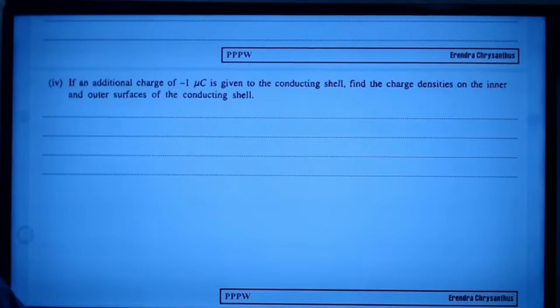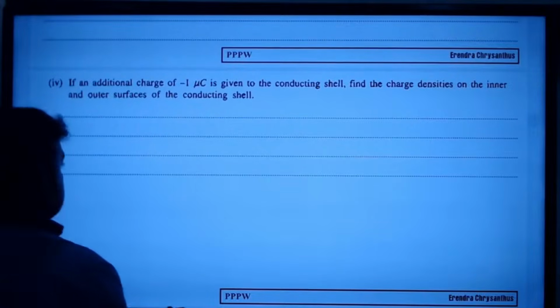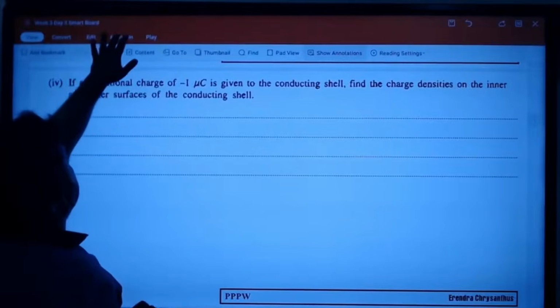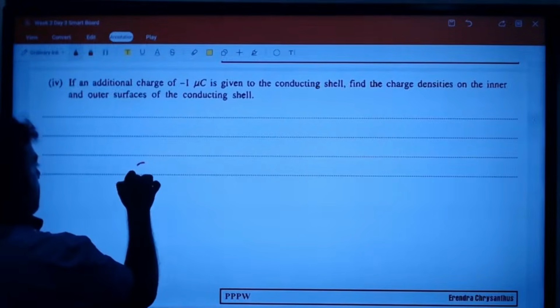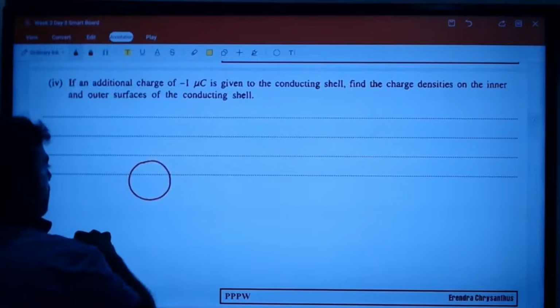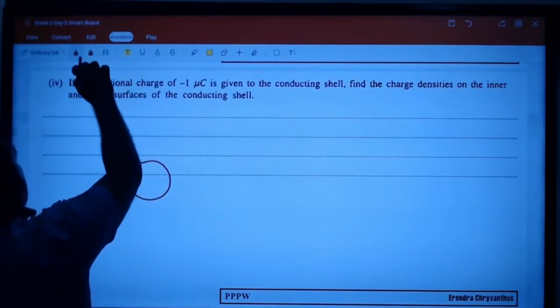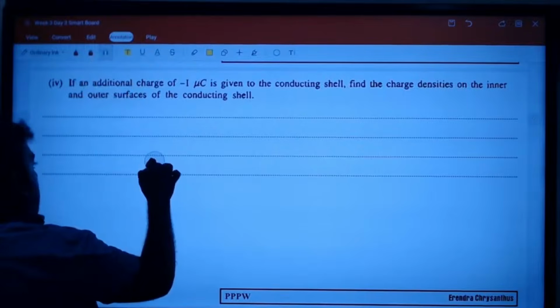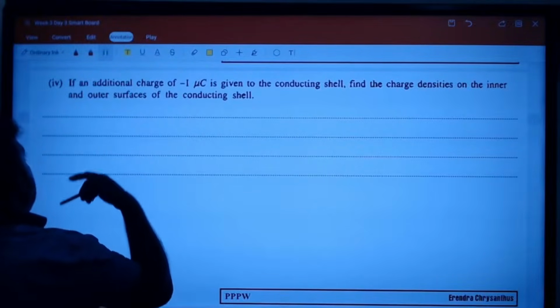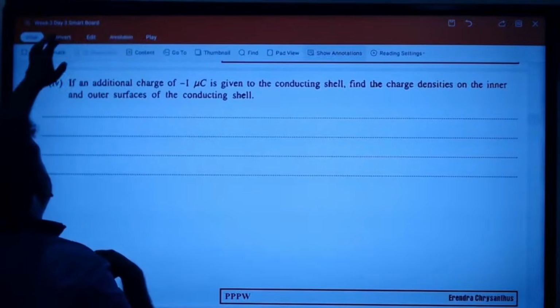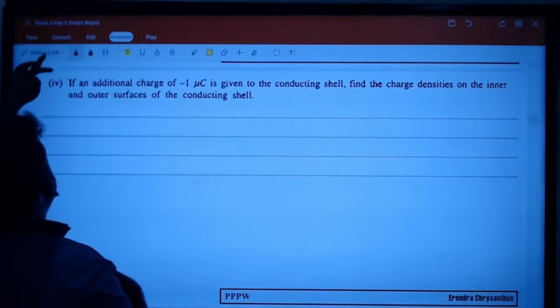Finally, if an additional charge minus q is given to the conducting shell, find the charge densities. Now, they are giving a charge to the shell.